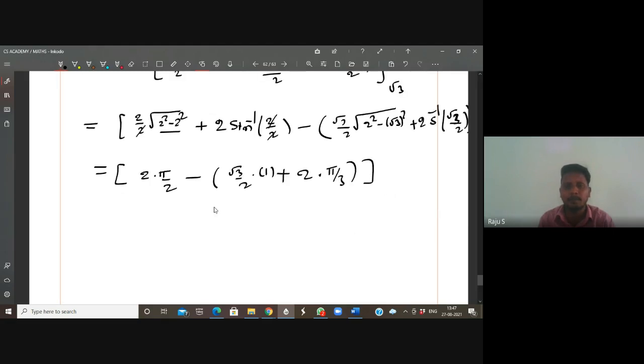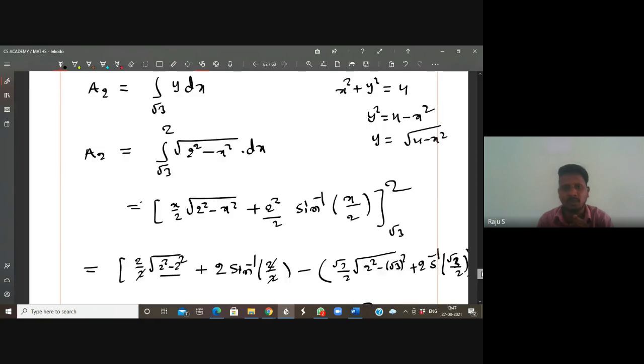Now you can simplify this. 2 into pi by 3 is 120, and 180 minus 120 is 60. So pi by 3 minus root 3 by 2 is the answer. Even you may take the LCM: 2 pi minus 3 root 3 by 6. Got it? This is the answer. Having any doubts?